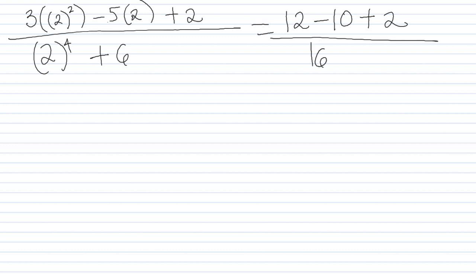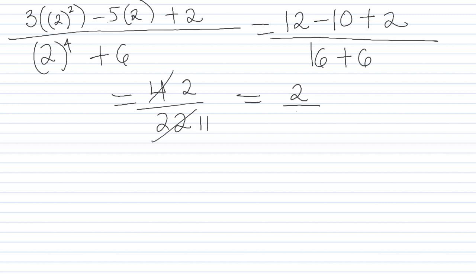So 16 plus 6. And what we end up with is 12 minus 10 is 2. 2 plus 2 is 4. So 4 divided by 22. We will simplify. So we end up with 2 and 11. So our answer is 2 over 11.